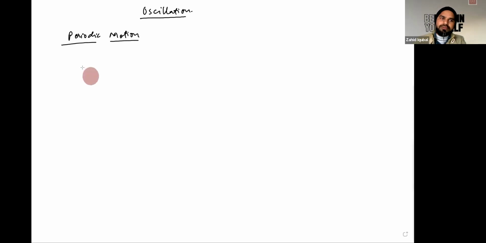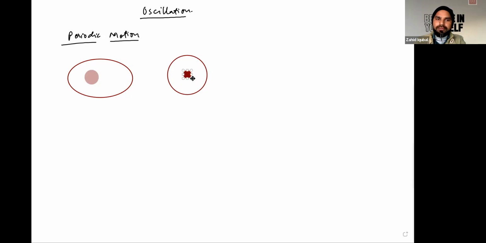Suppose motion of planet around the sun in elliptical orbit, motion of electron around nucleus in circular orbit, motion of pendulum or motion of bob about given axis.